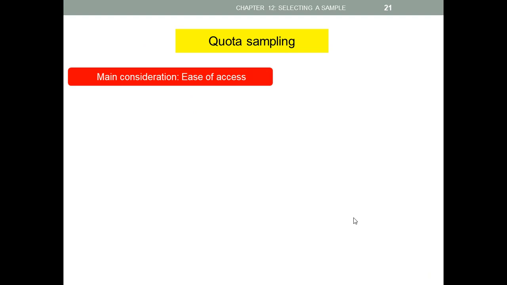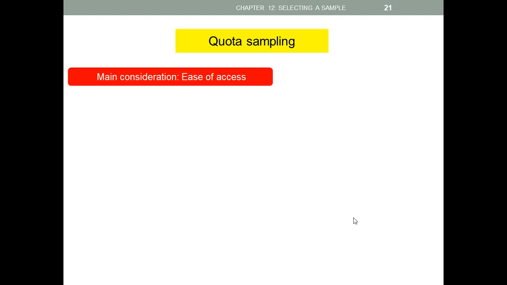Let's go to the first type of non-probability sampling design. Okay, quota sampling. A researcher employs quota sampling because of ease of accessibility. Ease of access is a key consideration when a researcher decides to use quota sampling. For example, library users at your school are quite easy to access, and you decide to use quota sampling.